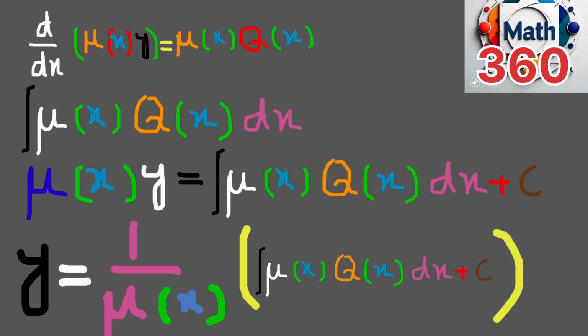This final expression provides the general solution to the linear first-order differential equation. The term 1 over mu(x) effectively cancels out the integrating factor applied earlier, leaving y in terms of x, p(x), and q(x), along with the constant c.